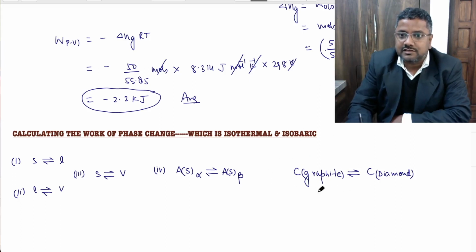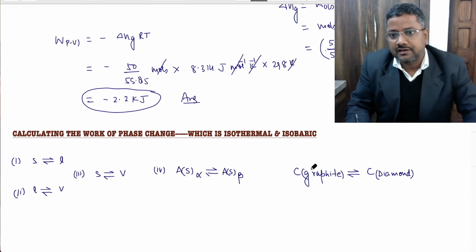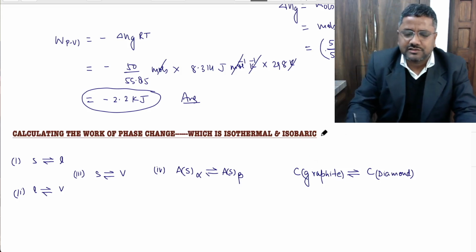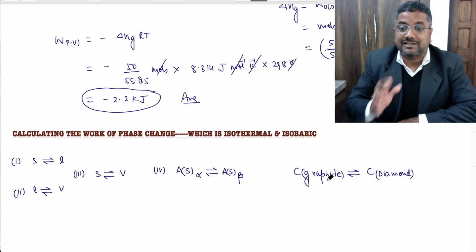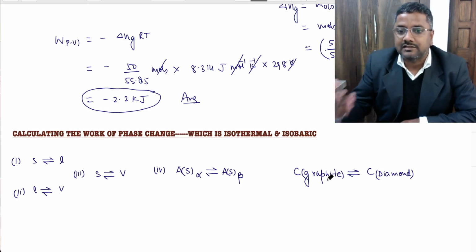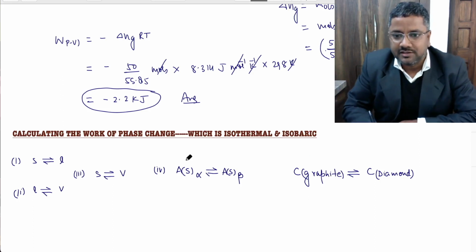This is an example of change of phase, solid to solid, one crystalline form to another crystalline form. Graphite and diamond both represent different phases of solid carbon, right? So this is the scientific definition of phase.